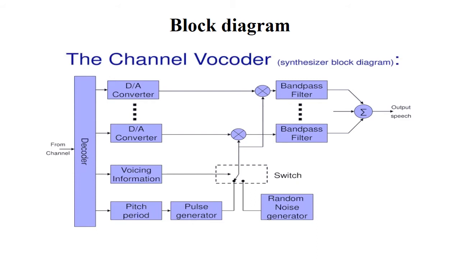Here we pass the signal from the channel, and it is decoded and sent to the digital to analog converter. After that it collects the voicing information and also the pitch value of the audio input signal. Then the pitch period is sent to the pulse generator.